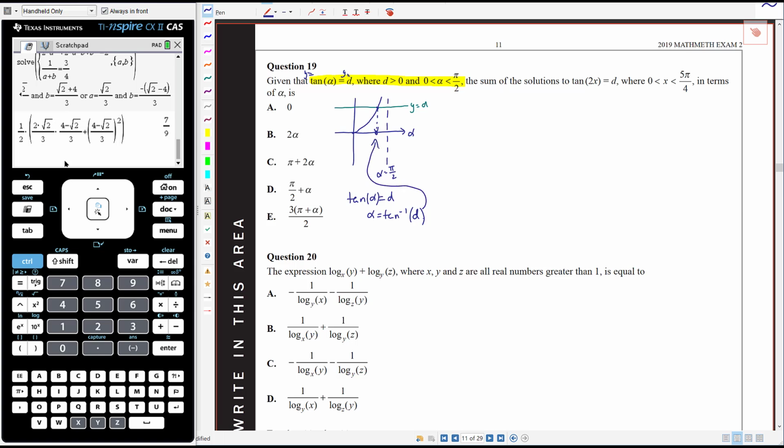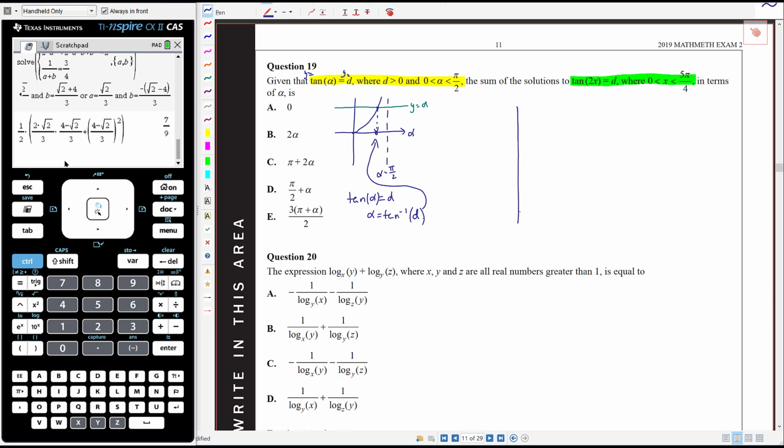Alright, then if we think about the other one, the solutions to tan of 2x equals D, where x is between 0 and 5 pi on 4. So tan of 2x has a period of pi on 2, okay?